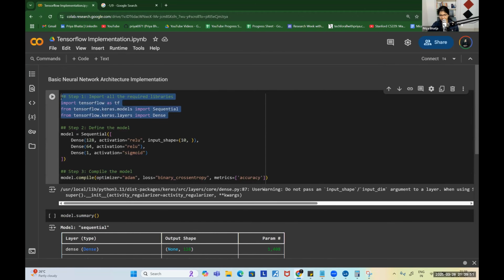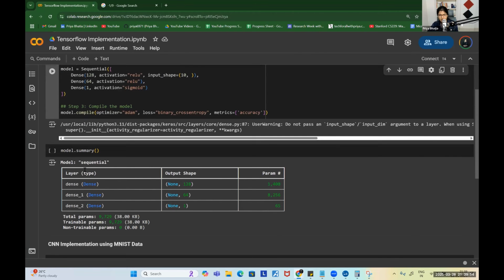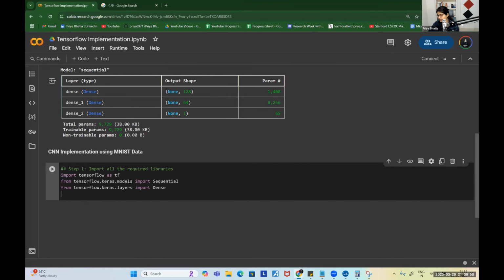So first step is again importing all the required libraries. I'm copying it from above. Apart from this, today we need to import further models and the layers as well. So first of all, what kind of layers will we have to import?